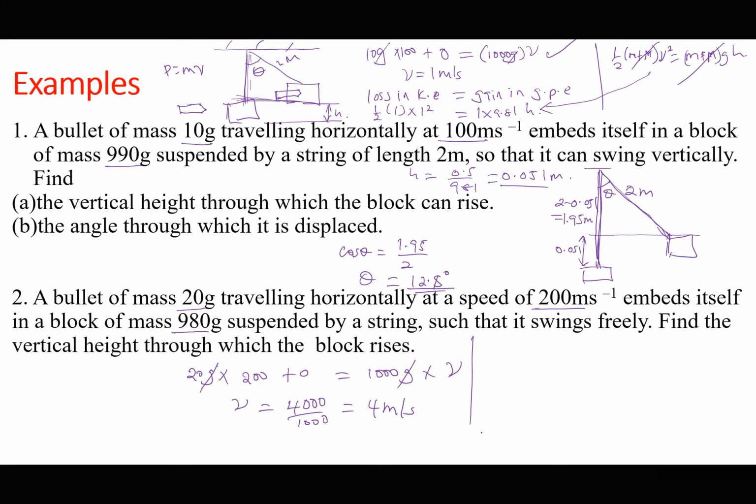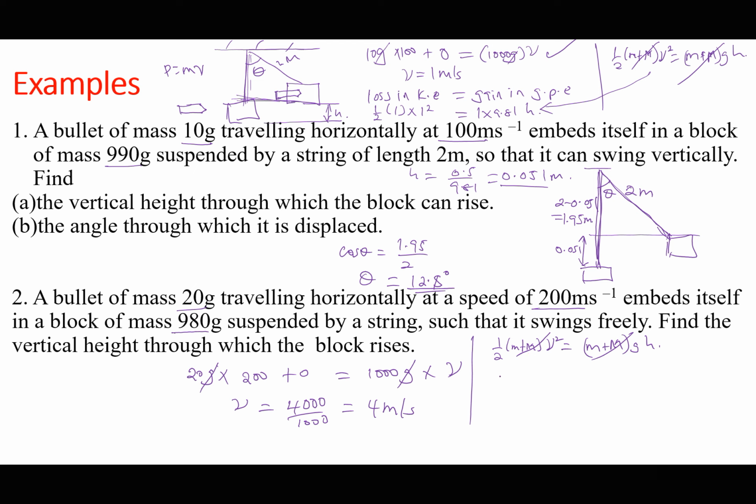Then we say the loss in kinetic energy when the system just starts moving becomes the gain in gravitational potential energy. Therefore, a half times m plus capital M times the combined velocity squared equals m plus capital M, the combined mass, times g times h. So the masses cancel out.